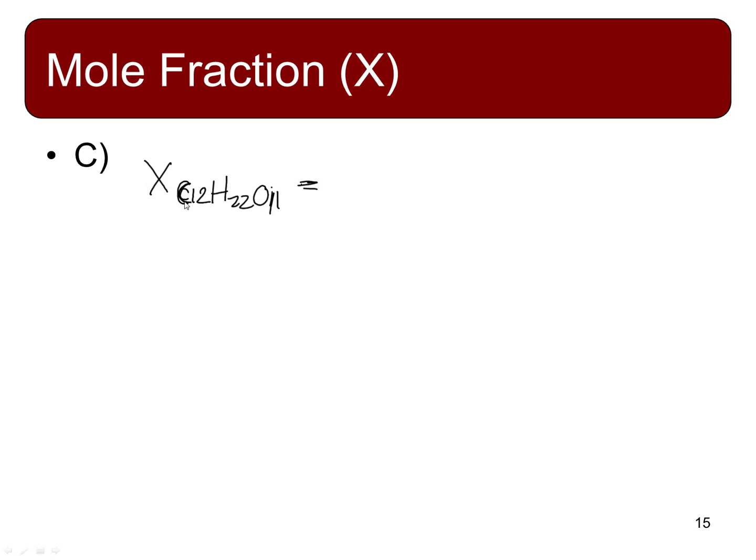So we've got our 0.0730 moles. What we're trying to find here is the mole fraction of sucrose. And then we know that's going to be in the denominator too, because we have to add up all of the moles.